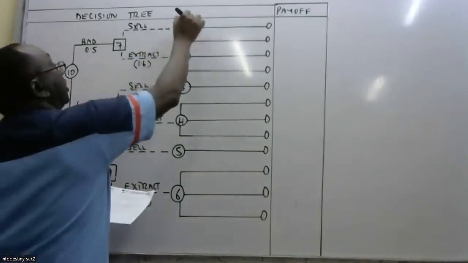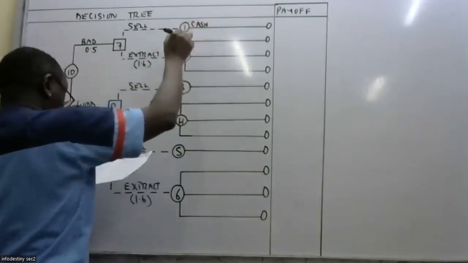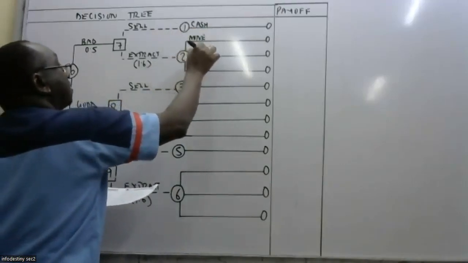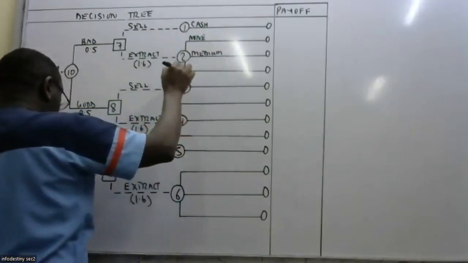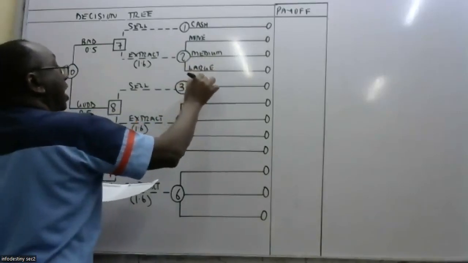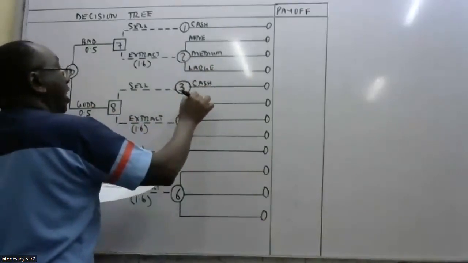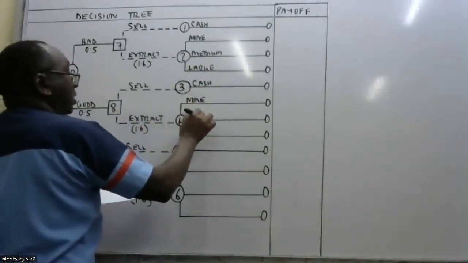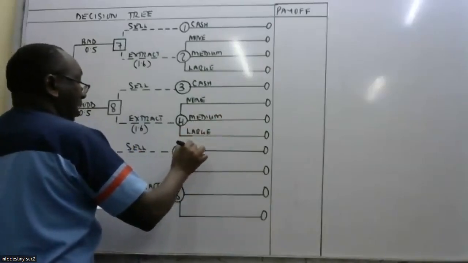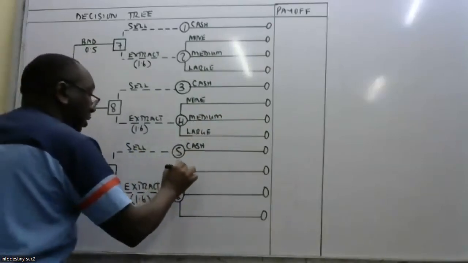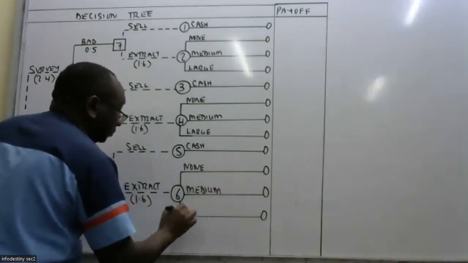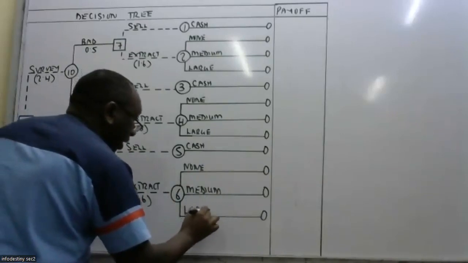If he sells, he simply gets the cash. If he extracts, he gets nothing, or he gets medium, or he gets what they are calling rich deposits. So here it is cash, none, medium, rich.